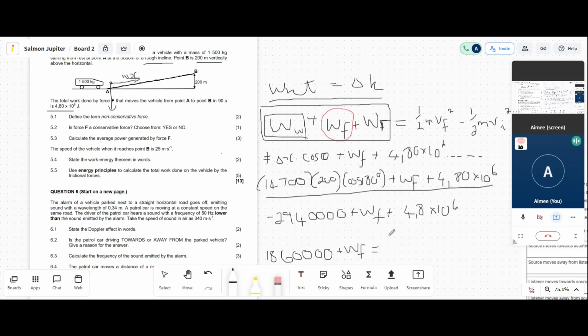And we say it equals half, because now we're doing the change in EK section. So it's going to be half, our mass is going to be 1,500.